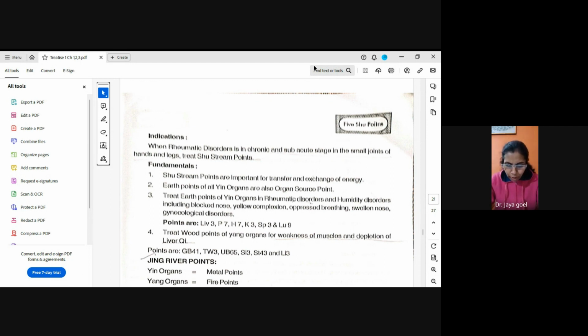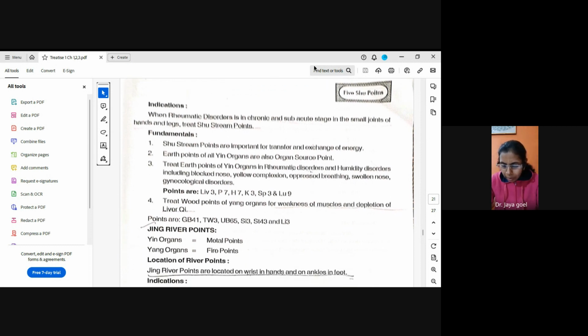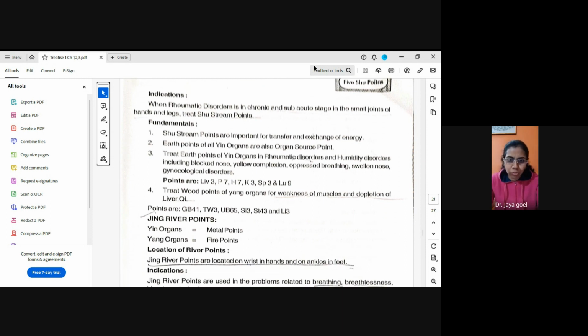We treat the wood point of the yang organ for weakness of the muscles and depletion of liver qi also. The wood point of a yang organ we use for the weakness of muscle and depletion of the liver qi. The points are GB41, TW3, UB65, SI3, ST43, and LI3.